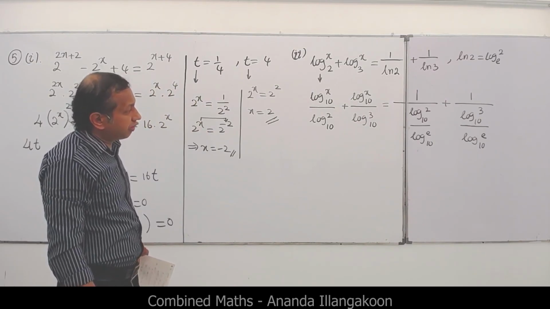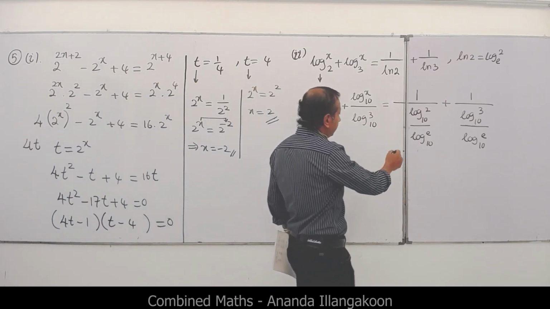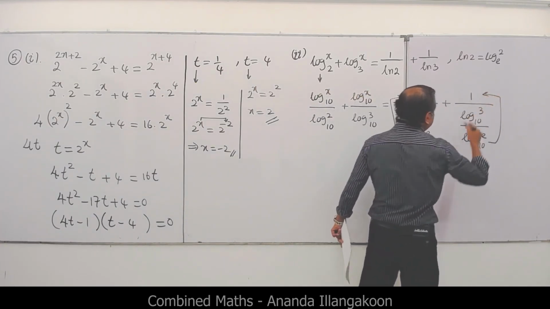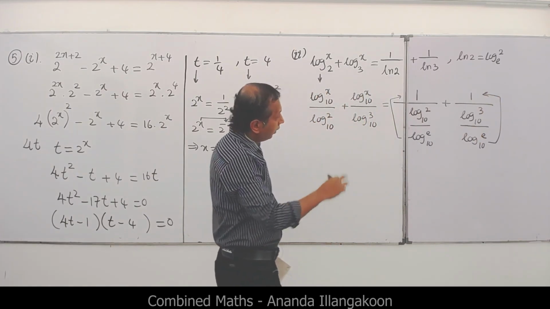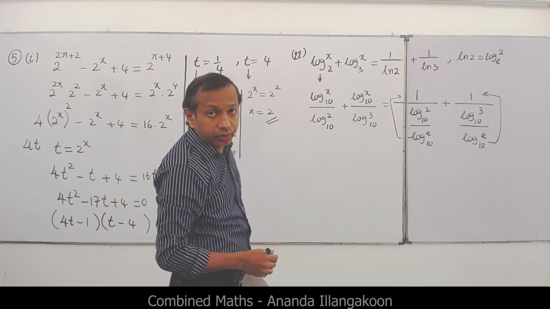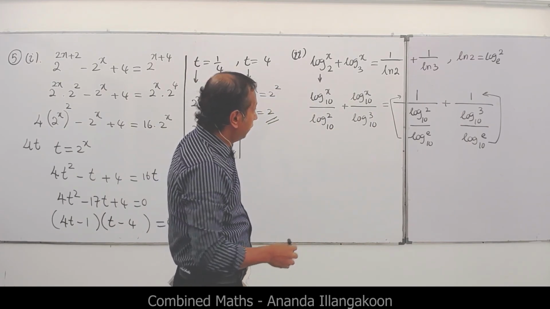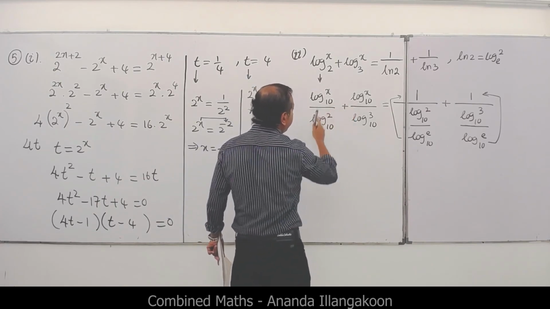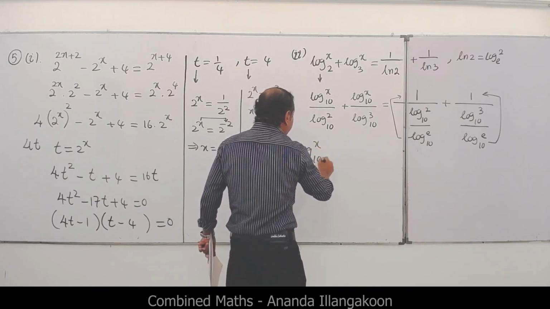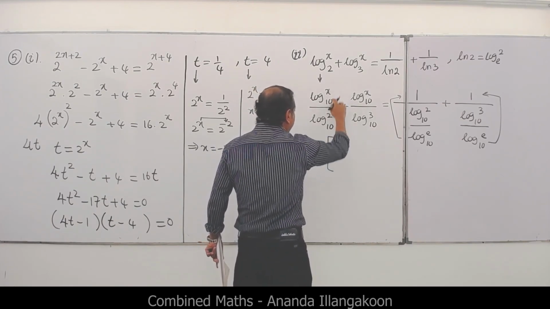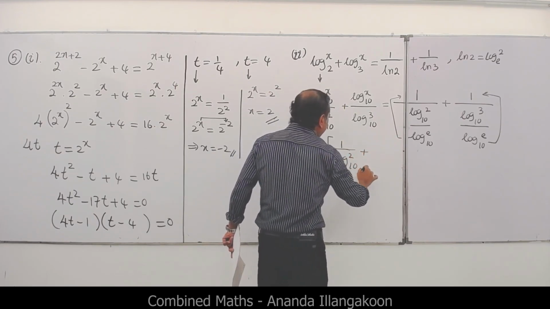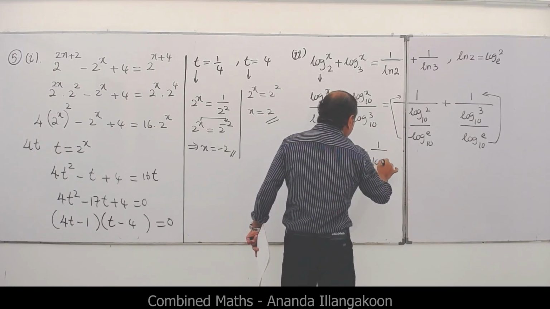Then in the next line, you can take this log term to this numerator, this to this numerator. Then those two are equal at the numerator. You can take that out from the numerator. In the left hand side, this is also common. Then I can take that out: log x to the base 10 inside bracket 1 over log 2 10 plus 1 over log 3 10.